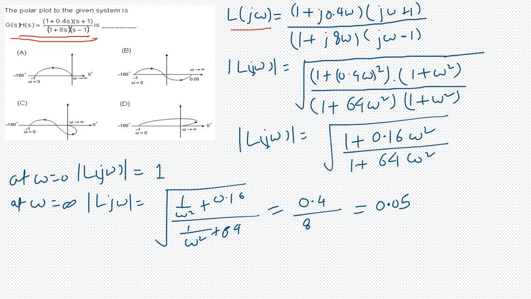First we write L(j omega), which is given by (1 + j0.4 omega) times (j omega + 1) over (1 + j8 omega) times (j omega - 1). When you write the modulus of this, you get mod of L(j omega) equal to under root (1 + 0.16 omega square) over (1 + 64 omega square).